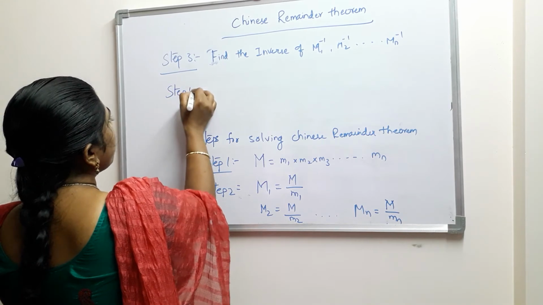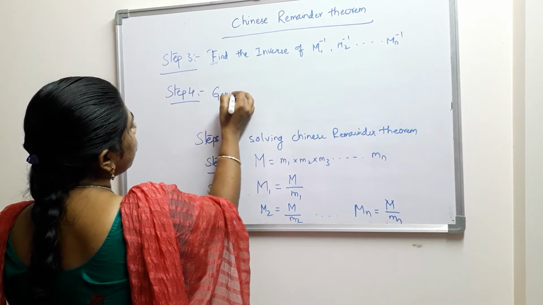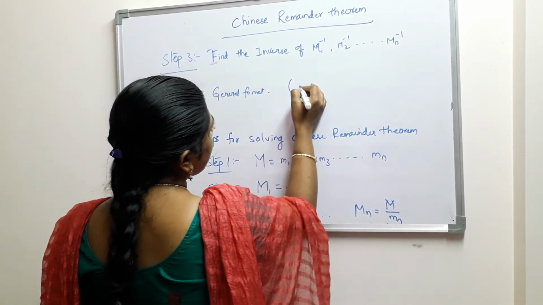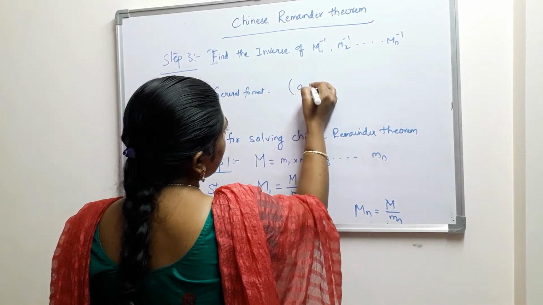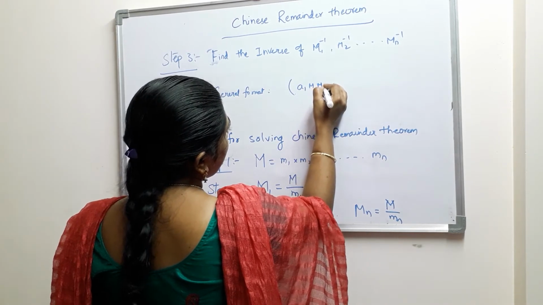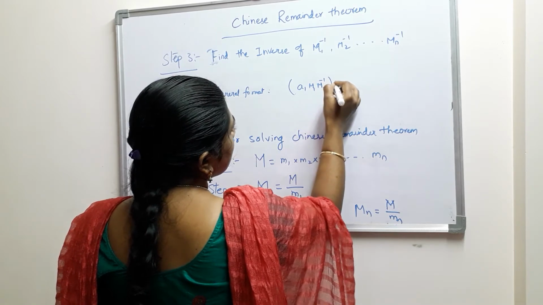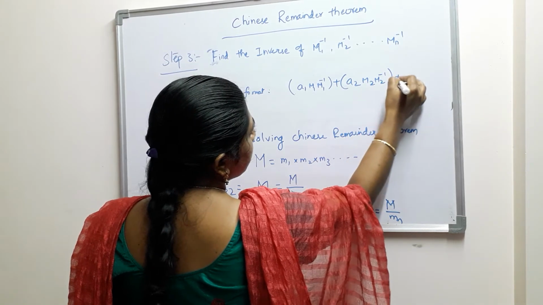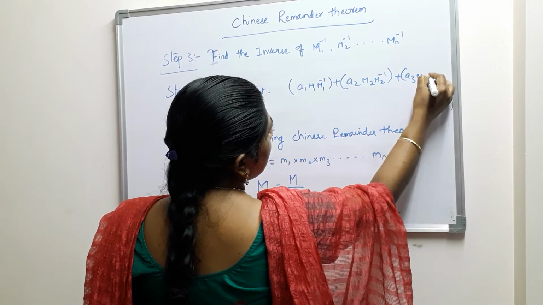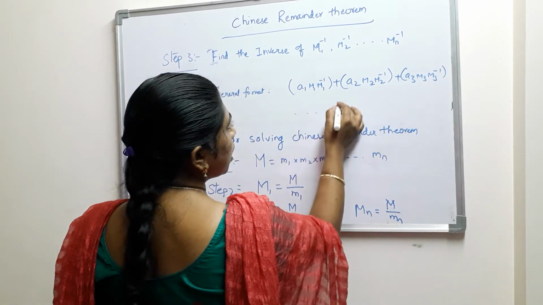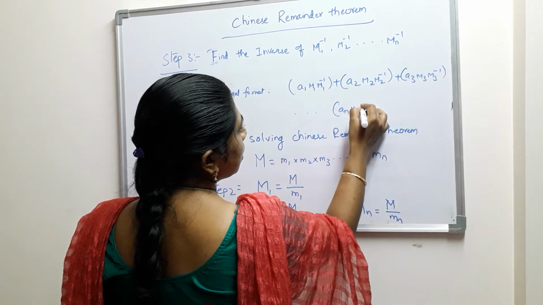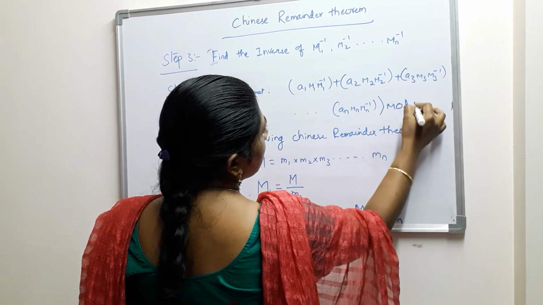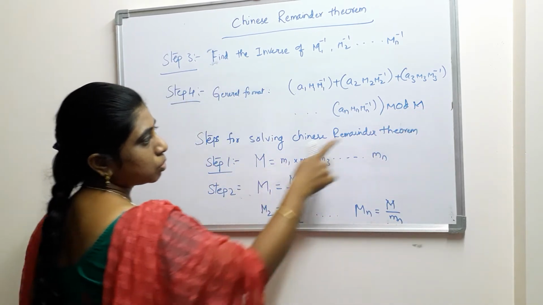Then coming to step 4, this is the general format you are going to write for the last. How are you going to write? x is equal to a1 into M1 into M1 inverse plus a2 into M2 into M2 inverse plus a3 into M3 into M3 inverse, and so on, an into Mn into Mn inverse, mod the value that we have found, m.